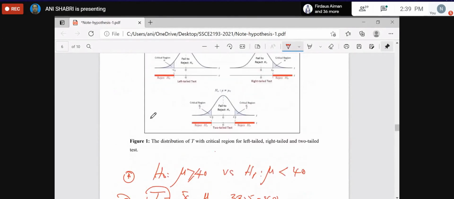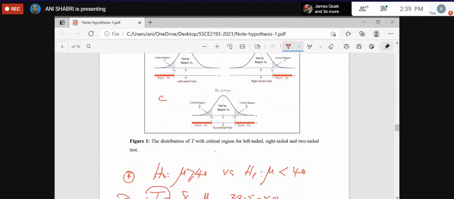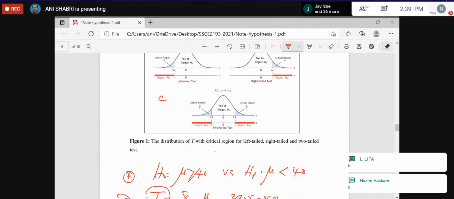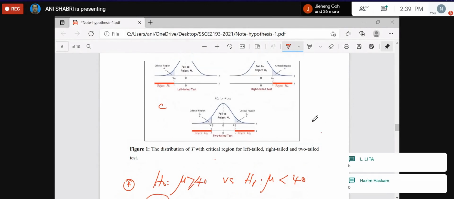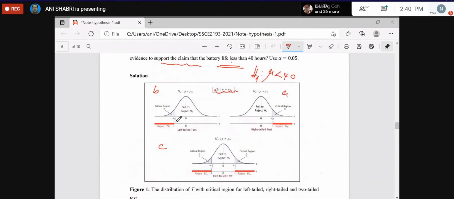Which region? This one is number A, number B, number C. Which one: A, B, or C? Number B, less. Look here, the value is negative, right?